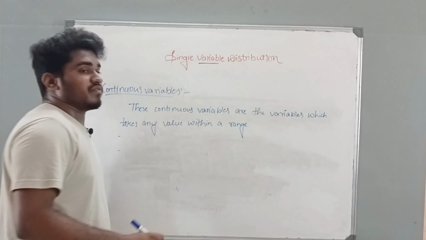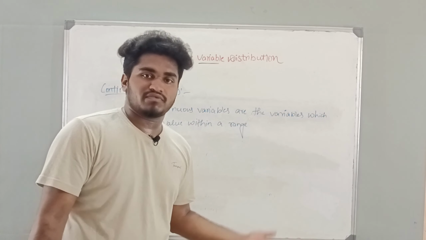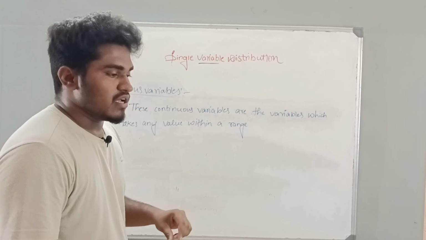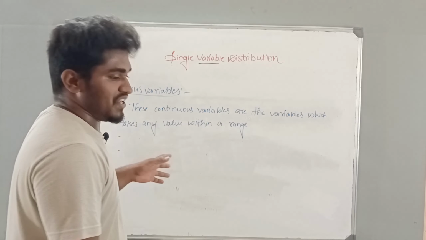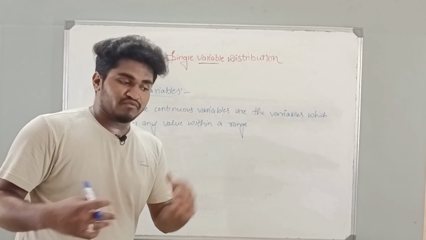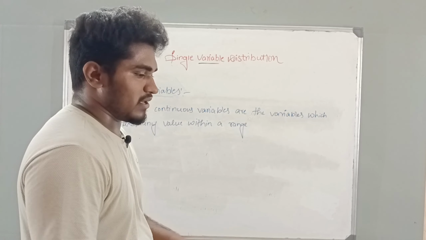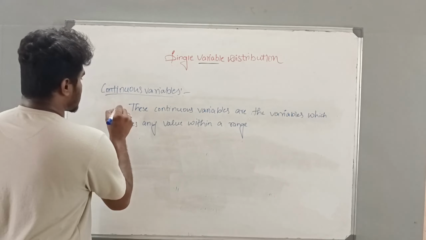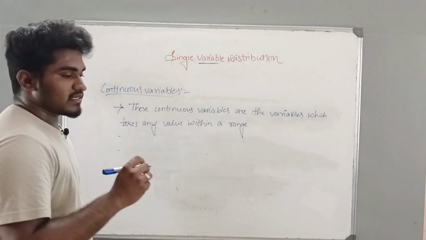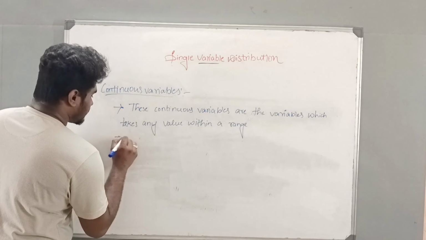Let's take an example, we have the numbers from 1 to 10, so it might take any value in between that particular range. This is a continuous variable, and these continuous variables are infinite in nature, so we can't count them. They have an infinite number of possible values.